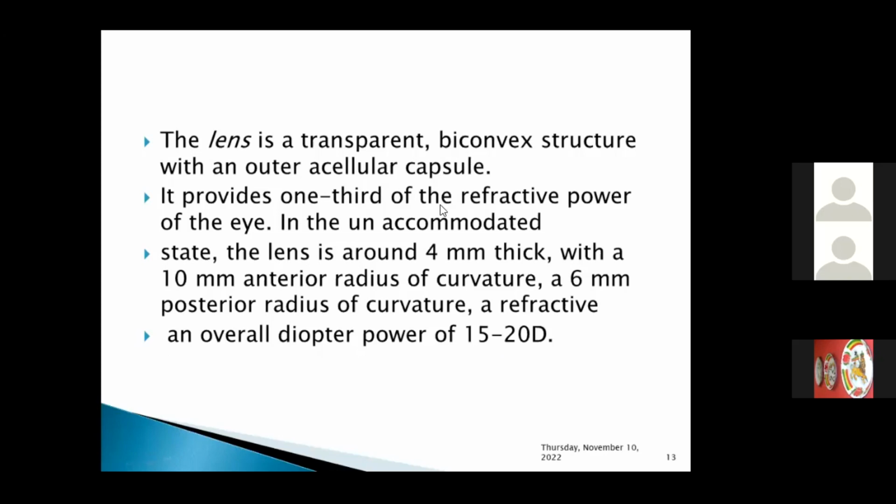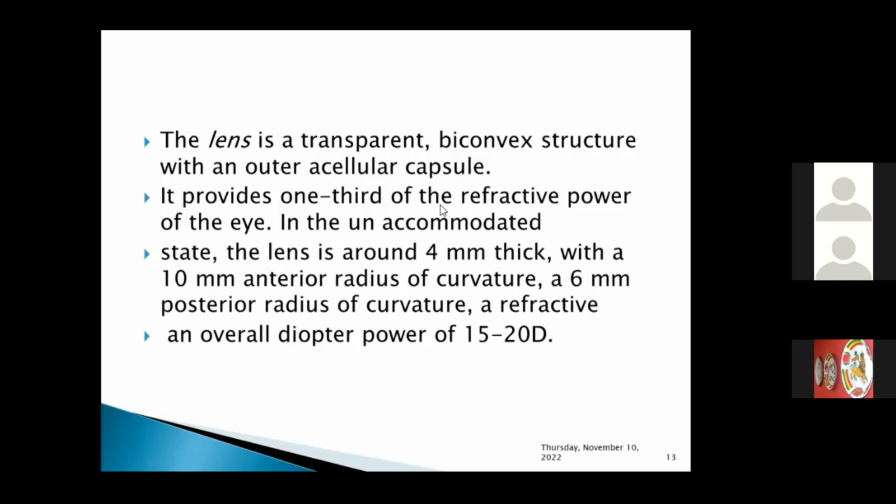It provides 1/3 of the refractive power of the eye in an accommodated state. The lens is around 4 mm thick with a 10 mm anterior radius of curvature and 6 mm posterior radius of curvature. These are just details, but you should know the dioptric power of the lens: 15 to 20 diopters.